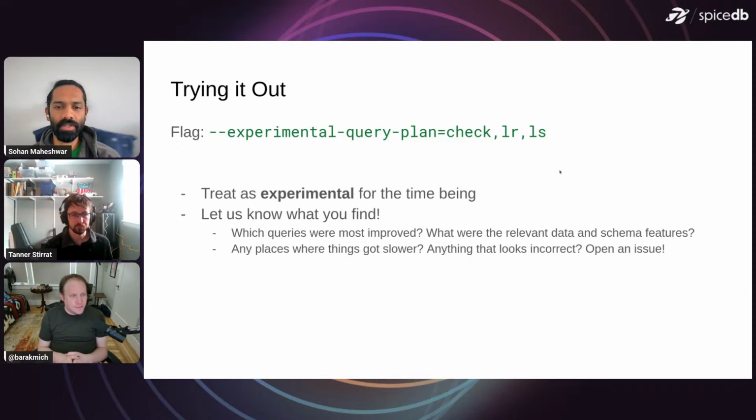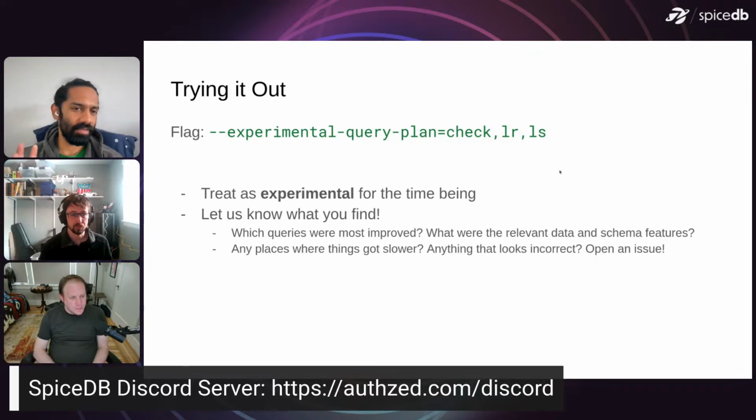Sounds good. And then I assume Discord is the best place to reach out if people have questions, improvements, that sort of thing. Yeah, as far as getting a quick answer to a question, or if you just want to drop a line and let us know something that you found, that's a good place to do it.